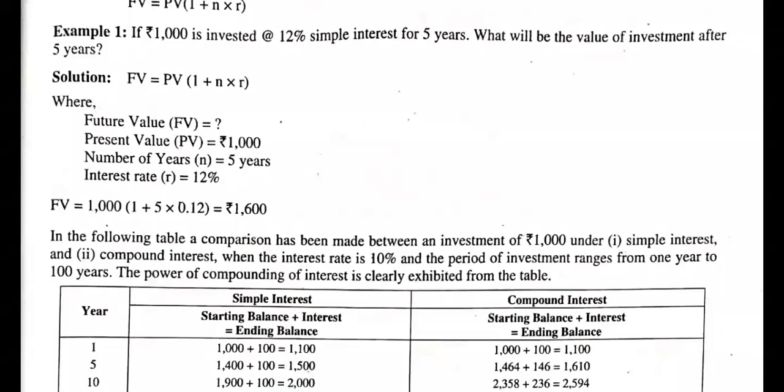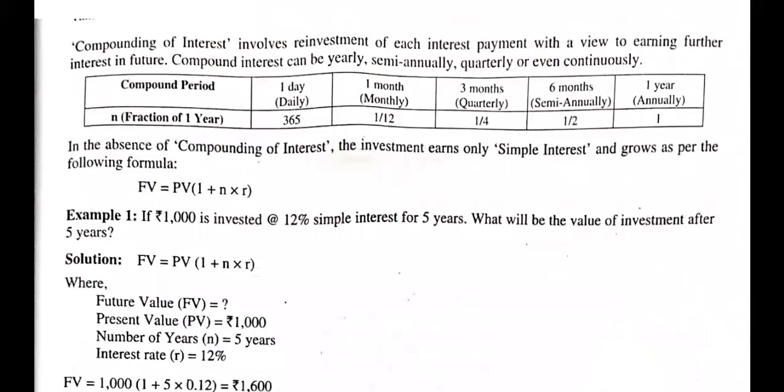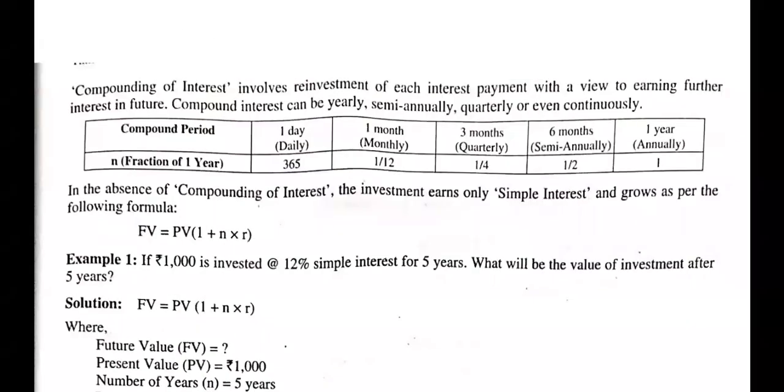Okay, let us see here. Compound interest involves reinvestment of each interest payment with a view to earning further interest in future. Compound interest can be on the basis of yearly compounding, semi-annually, quarterly, or even continuous compounding.